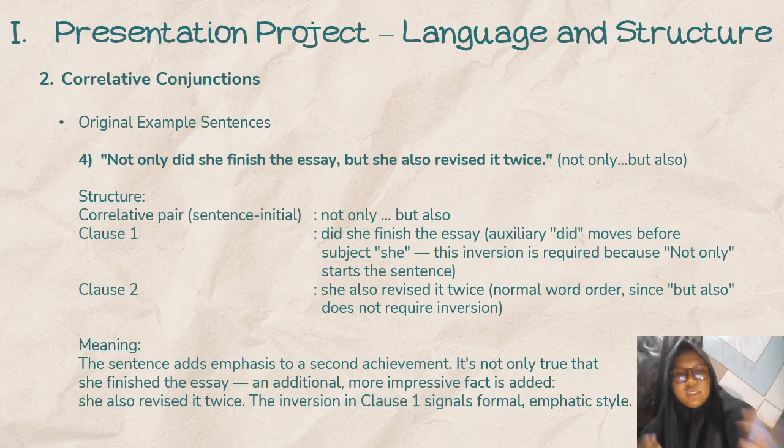Clause 2, she also revised it twice, has normal word order, since but also does not require inversion. The meaning: the sentence adds emphasis to a second achievement. It's not only true that she finished the essay, an additional, more impressive fact is added: she also revised it twice. The inversion in clause 1 signals a formal, emphatic style.